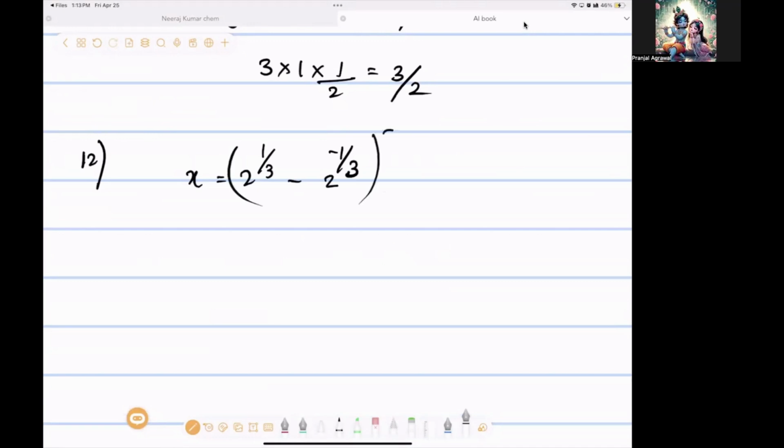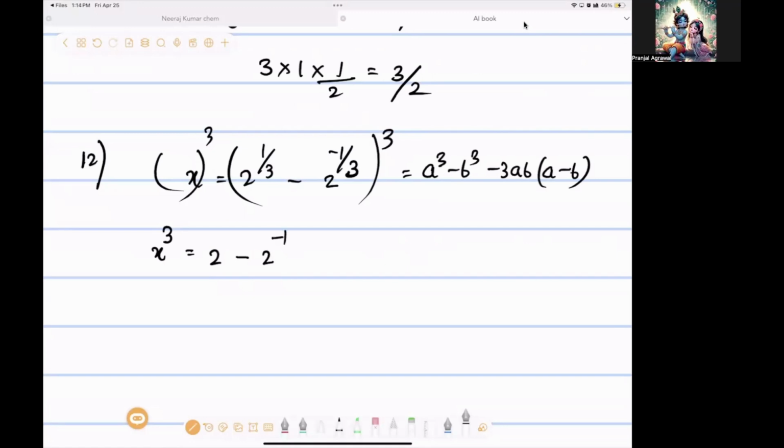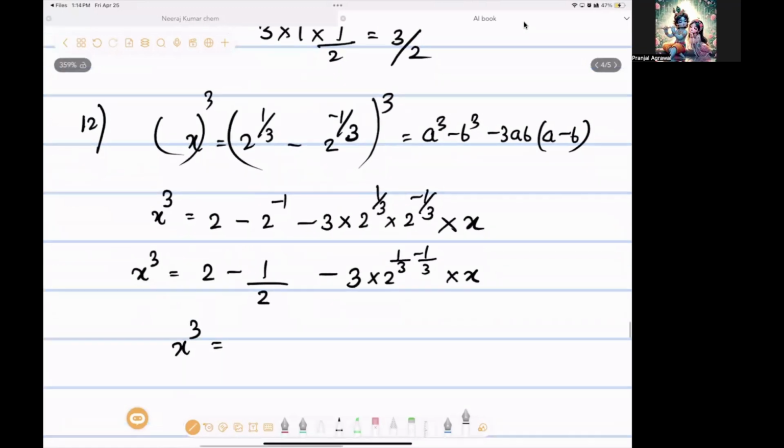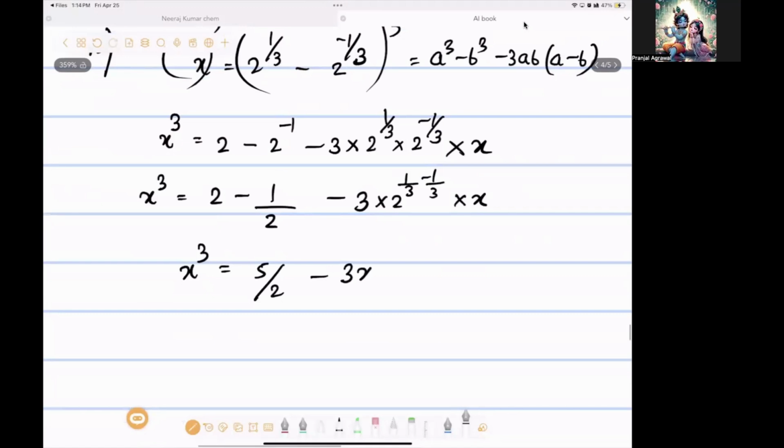So यहाँ पे दोनों साइड जाहिर सी बात है कि हम क्यूब कर देंगे. तो x cube is equal to, तो इसका फॉर्मूला क्या है, a cube minus b cube minus 3ab (a minus b). तो यहाँ पे क्या हो गया 2 सिंपली, और यहाँ पे ये हो गया a cube minus b cube minus 3ab (a minus b). तो यहाँ पे सिंपली x हो गया, तो x cube is equal to 2 minus 1/2, और यहाँ पे minus 3 × 2^(1/3) × 2^(-1/3) into x. सो यहाँ पे सीधे आ गया x cube is equal to 5/2 minus 3x.